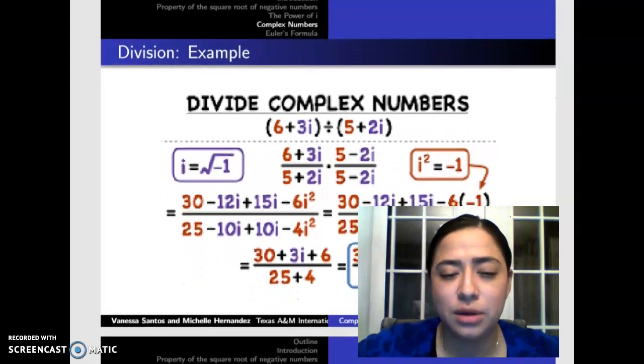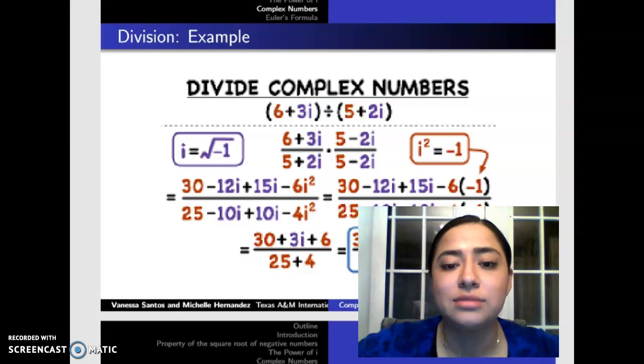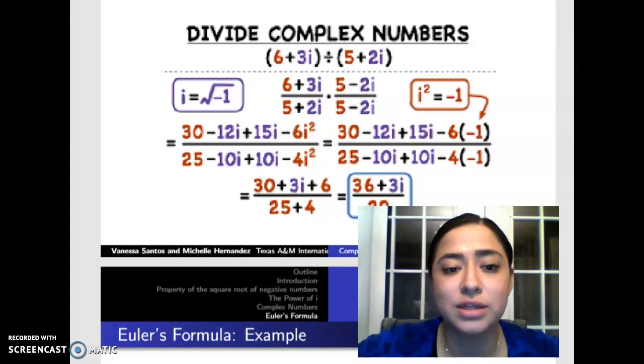And then this is where it gets a little complicated, when we divide the complex numbers. If we divide 6 plus 3i by 5 plus 2i, we're going to be getting 6 plus 3i over 5 plus 2i times 5 minus 2i over 5 minus 2i. And then we get 30 minus 12i plus 15i minus 6i squared, all divided by 25 minus 10i plus 10i minus 4i squared.